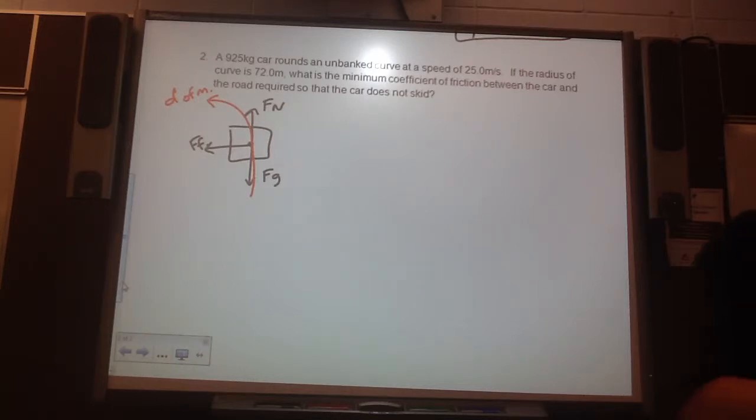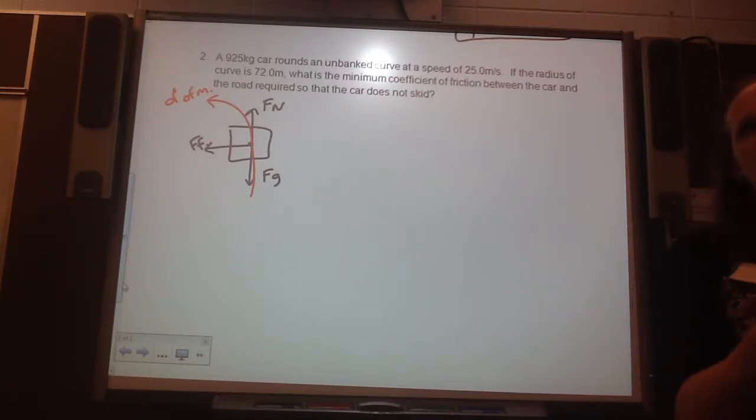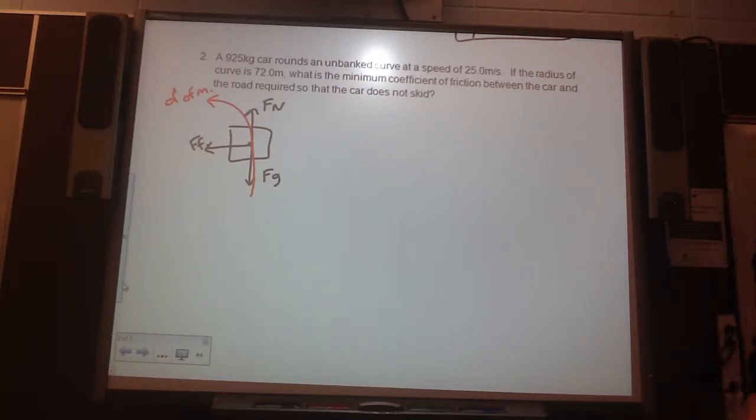If you look at the diagram here, it has FF going towards the center because we set that equal to FC. I might think about your question a little bit more and let you know. But for this example, I know that FF does go towards the center because it's equal to FC.